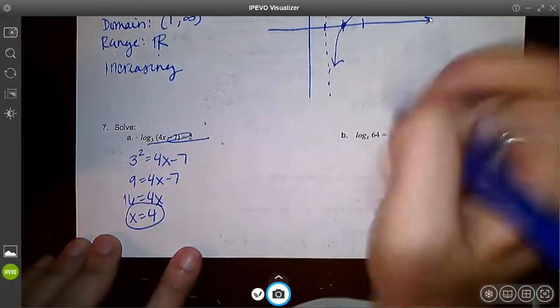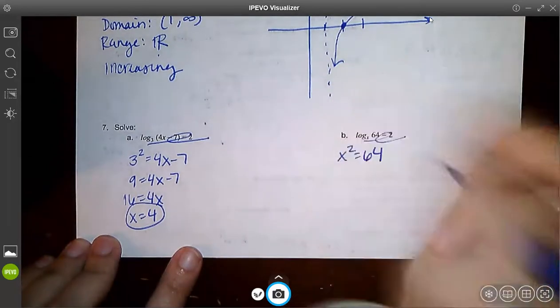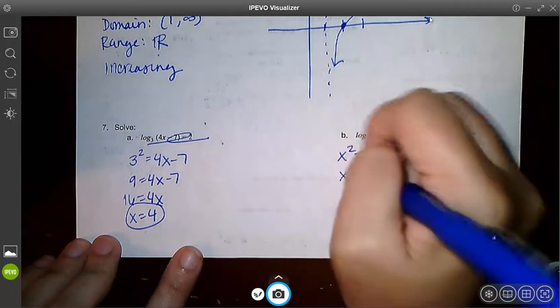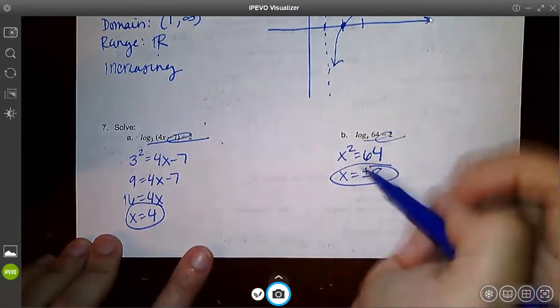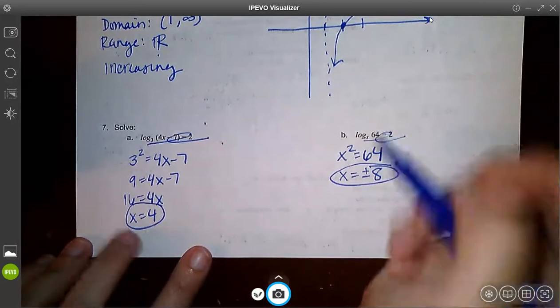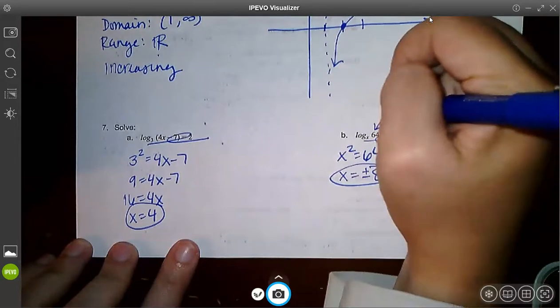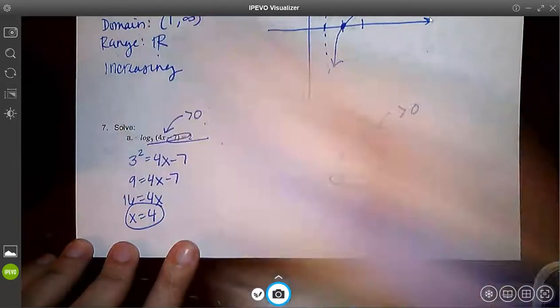Over here, I'm again converting to exponential form. x squared equals 64. Take the square root, you get x equals plus and minus 8. The only time that you need to be careful about your plus and minus or your negatives is that what you're taking the log of has to be greater than 0.